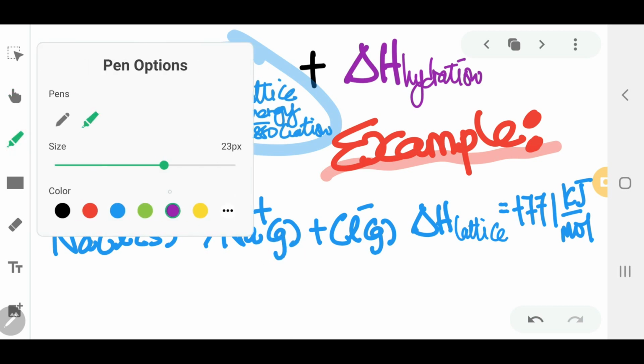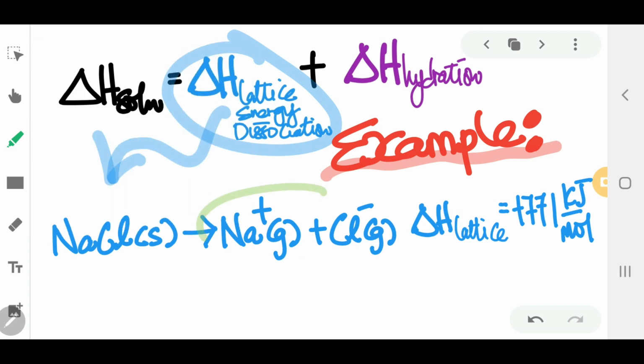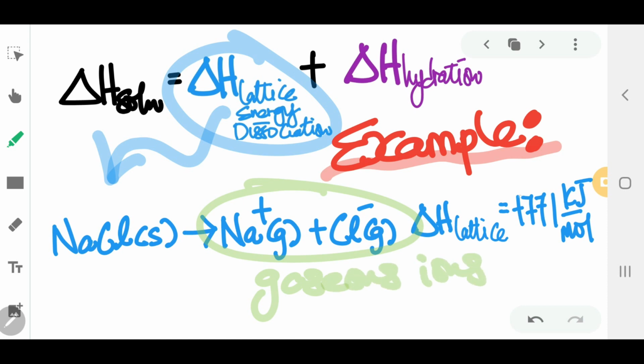So these are the gaseous ions. And you have to absorb the heat. So we can say that the lattice energy of dissociation is, in general, an endothermic process.